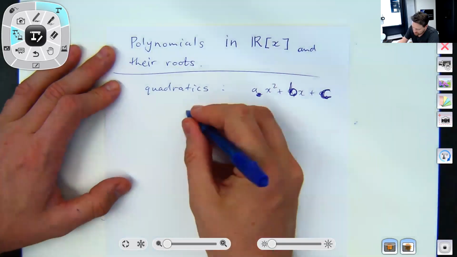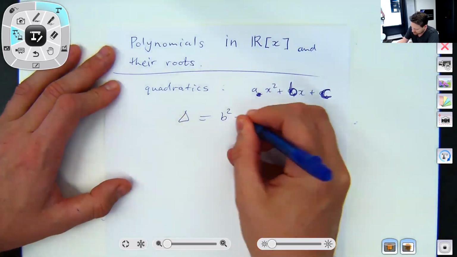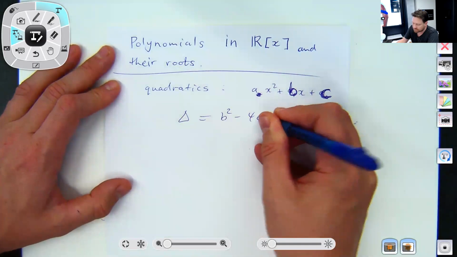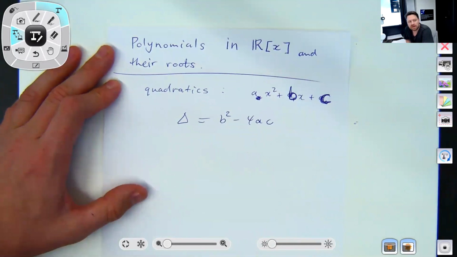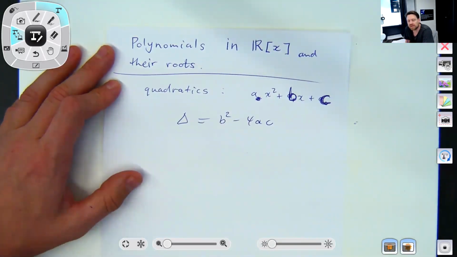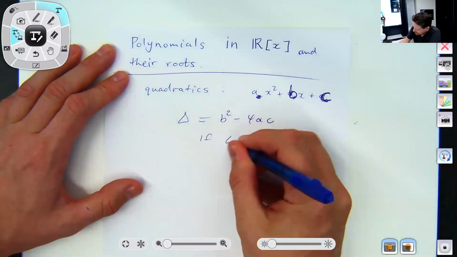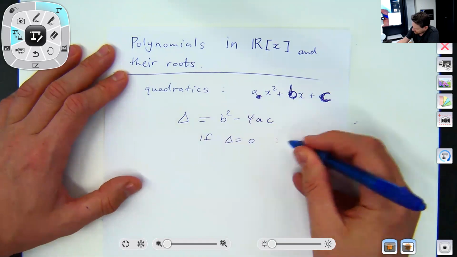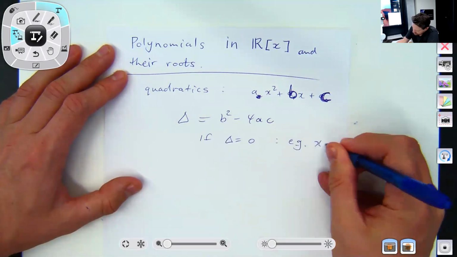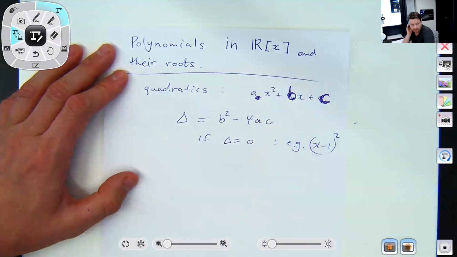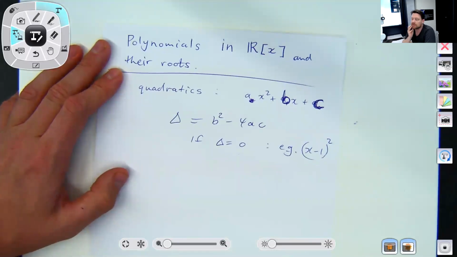So the discriminant, let's call it delta, b squared minus 4ac. All right, so if this is equal to 0, then you've got a repeated root. So if delta is equal to 0, then for example x minus 1 all squared, right? A repeated root.